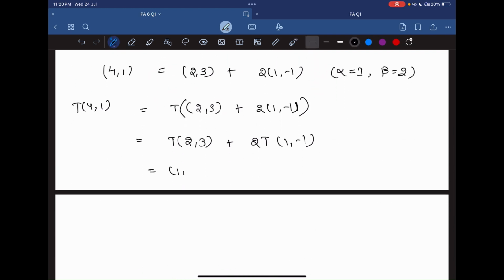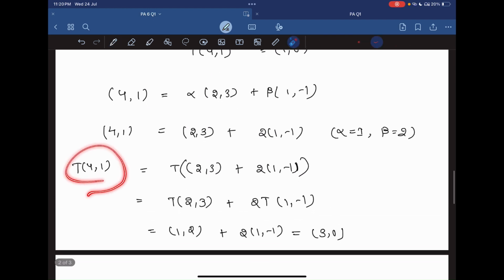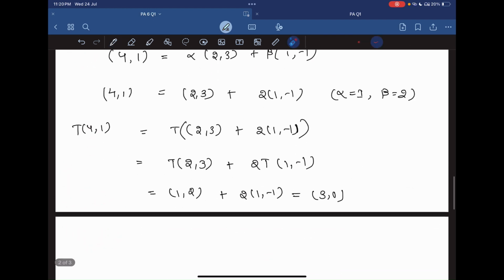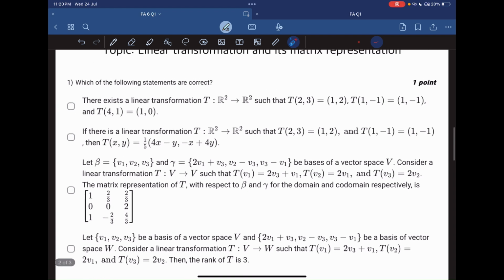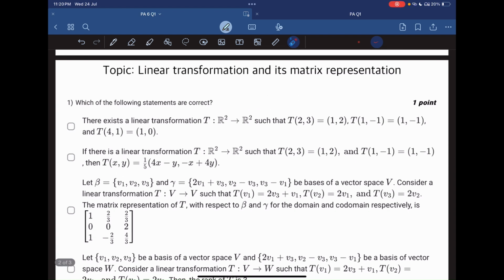So if we put these values here, we will get (3, 0). But we are given that T(4, 1) is equal to (1, 0), and that means (1, 0) is not equal to (3, 0). So there is no such transformation which satisfies these conditions. Hence, option 1 is false.